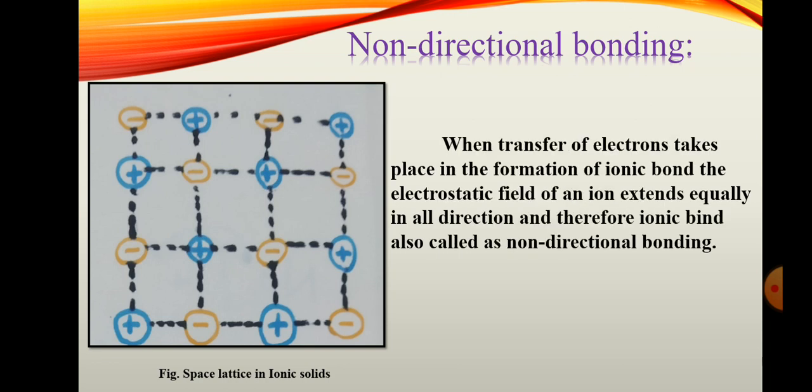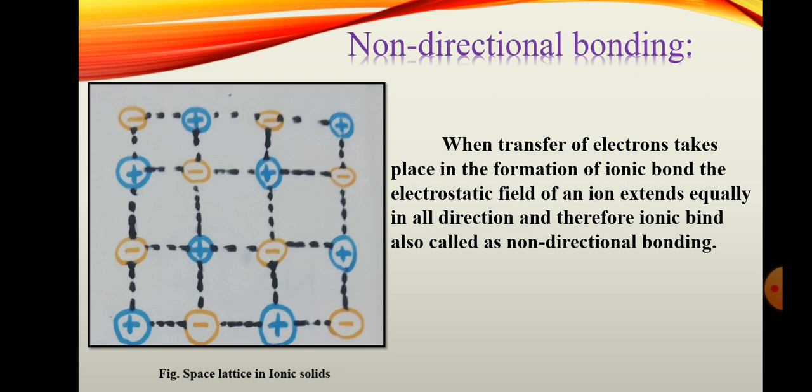When transfer of electrons takes place in the formation of an ionic bond, the electrostatic field of an ion extends equally in all directions, and therefore ionic bond is also called a non-directional bond. It is not in one direction, that is simple meaning of non-directional bonding.